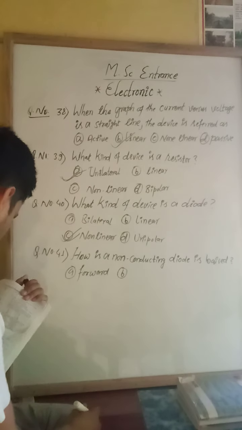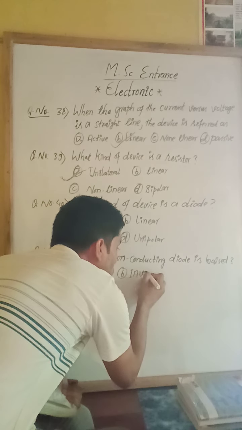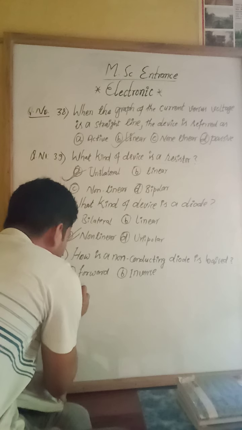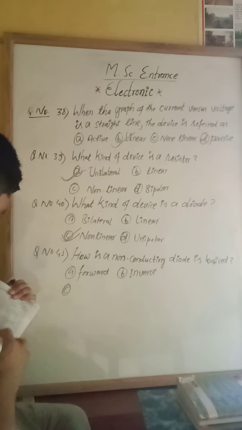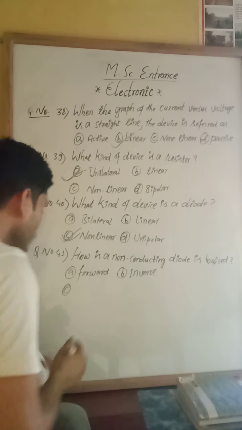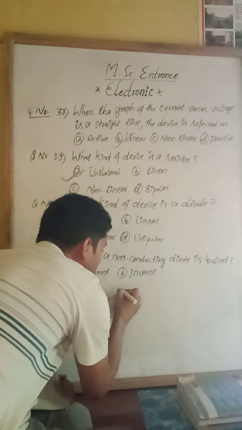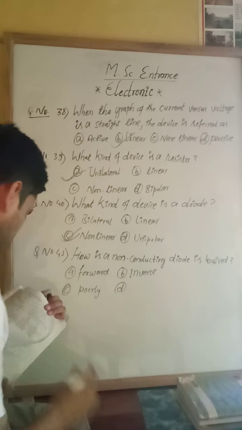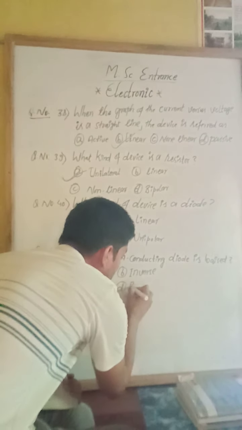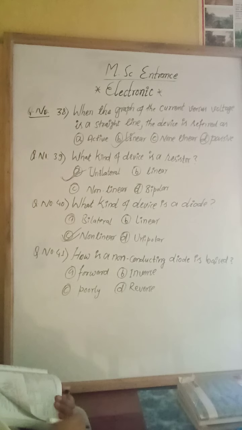Option B, inverse. Option C, poorly biased. Option D, reverse biased.